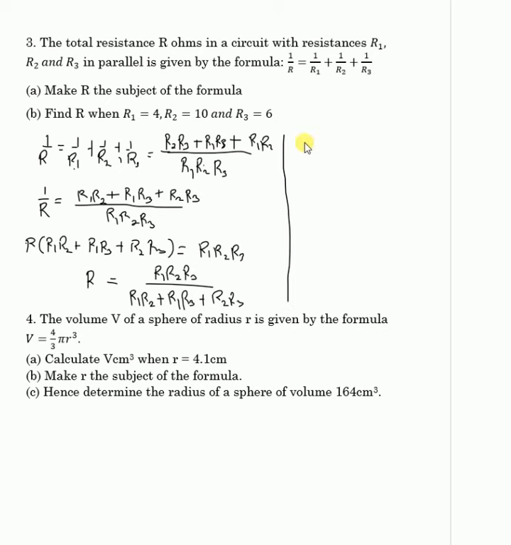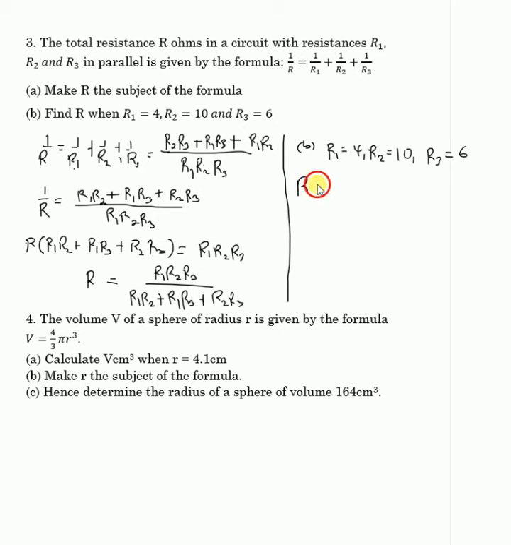We can move on to solve part B of the question. We have that now they said R1 is equal to 4, R2 is equal to 10, and R3 is equal to 6.